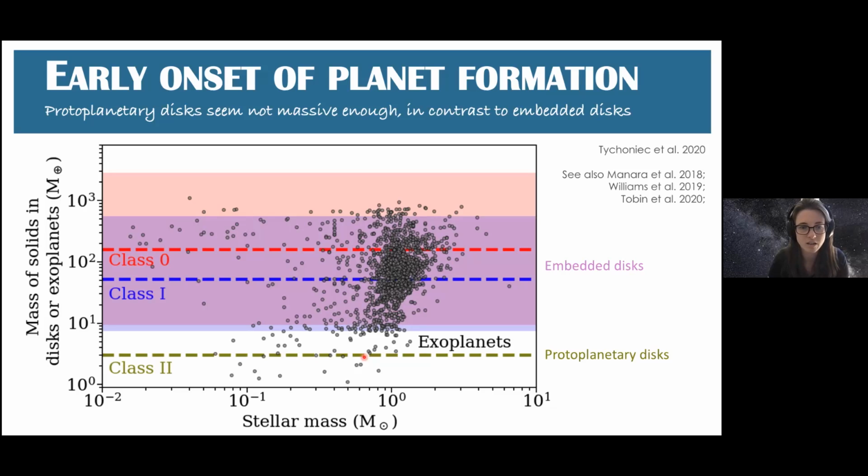So this suggests that in these disks, we don't observe the amount of mass necessary to form the planetary systems that we see. In contrast, for younger disks, the mass is much higher, and it overlaps much more with the planet population that we see. This is interpreted as grain growth already starting in these younger disks, and by the time we are in these protoplanetary disks, a lot of the mass has grown to sizes that we cannot observe anymore at submillimeter wavelengths.